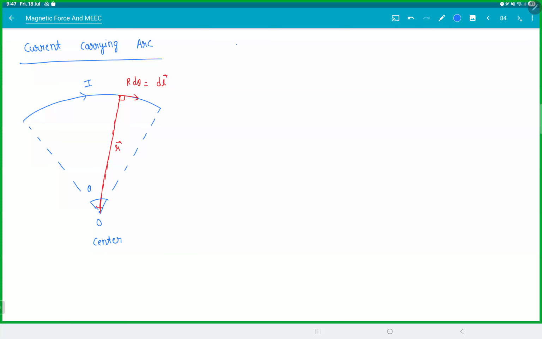So by Biot-Savart's law, dB bar is mu naught by 4 pi. The current is I, dL is R d theta, and the angle between them is already 90, by R square. So if you integrate this, integral mu naught I by 4 pi R d theta.